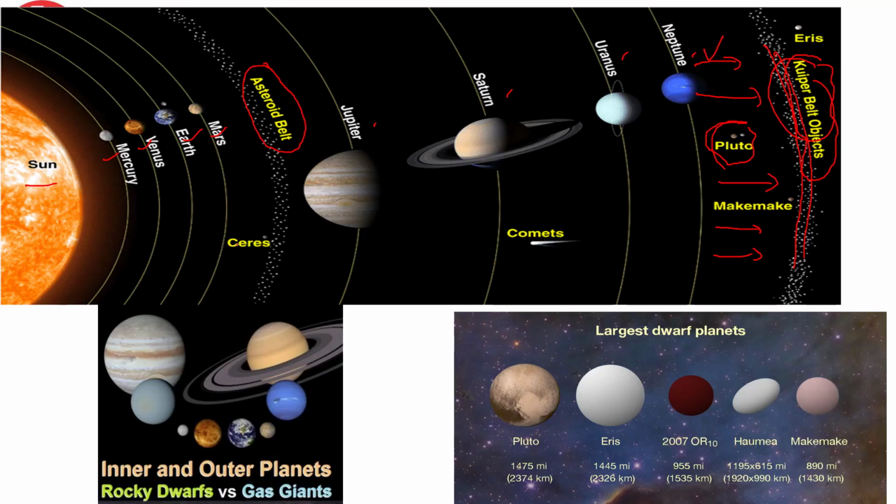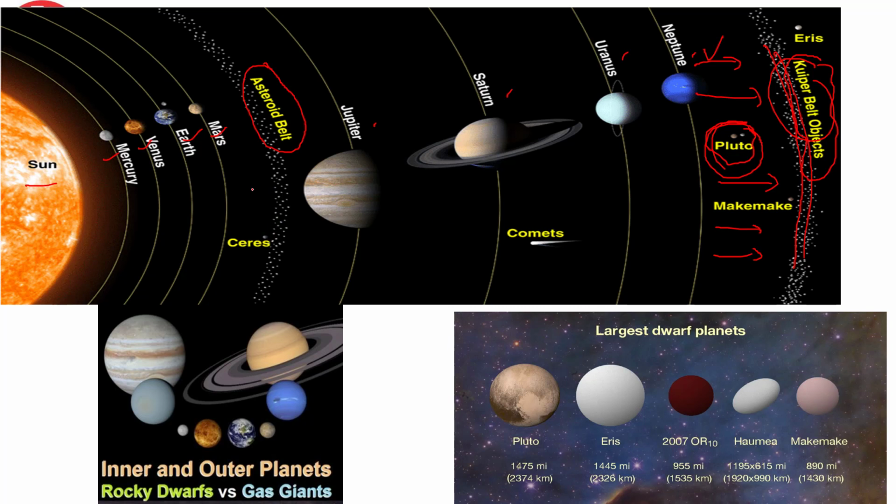Now, apart from the planets that we have learned and the asteroid belt and the Kuiper belt, we also have some dwarf planets. We already know Pluto is known as a dwarf planet, so Pluto is one such planet. Now there is one planet which is inside our inner planets.